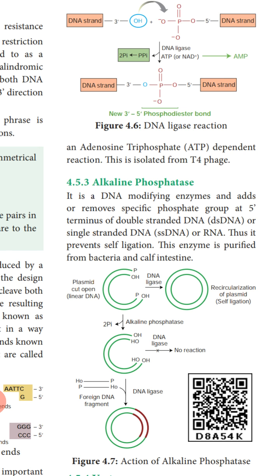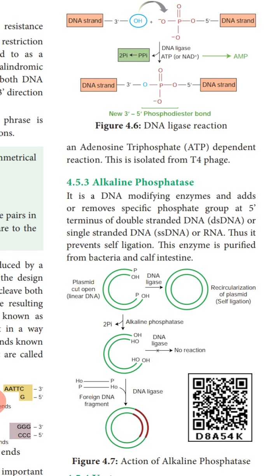So the next enzyme is the alkaline phosphatase. This is a DNA modifying enzyme, and it adds or removes specific phosphate groups from the 5' end of double stranded DNA, single stranded DNA, or RNA. Thus it prevents ligation, so self joining is not possible here.